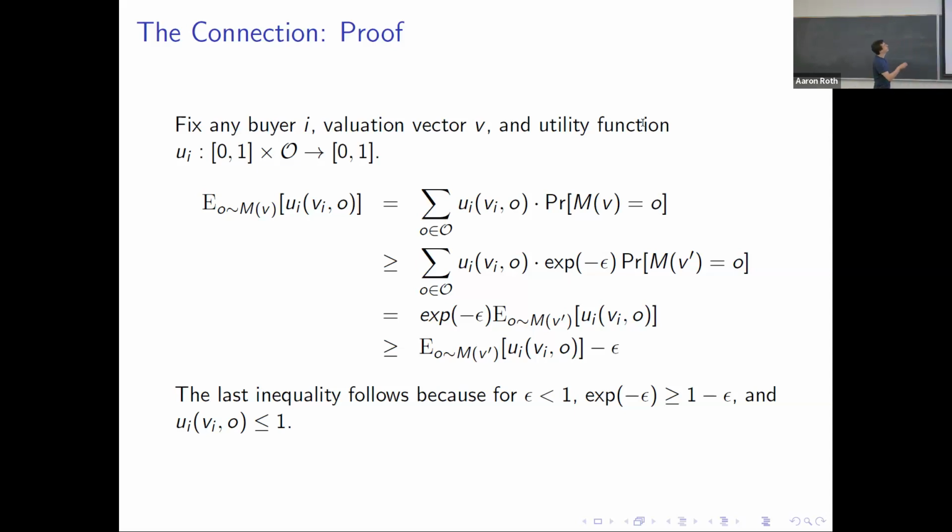So basically we immediately see that if the mechanism is epsilon differentially private, player i's report probabilistically has very little effect on the probability of any outcome chosen, and so he cannot affect his expected utility, which is just a linear function of the probabilities of the outcomes chosen, by very much by misreporting.